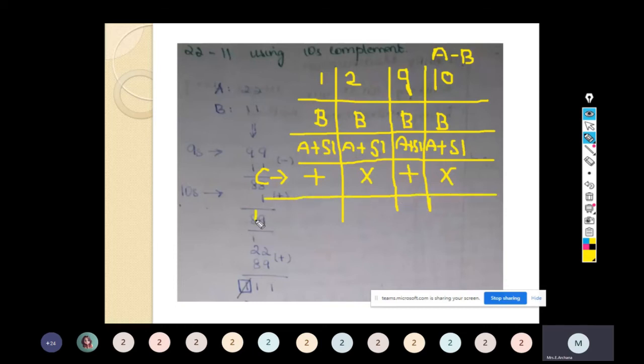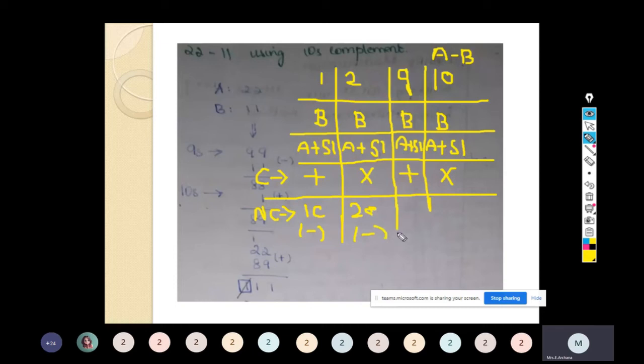Step 4. If there is no carry, once again we have to take 1's complement for the obtained result and put a negative sign. Here, if there is no carry, then take 2's complement for the obtained result and add a negative sign.